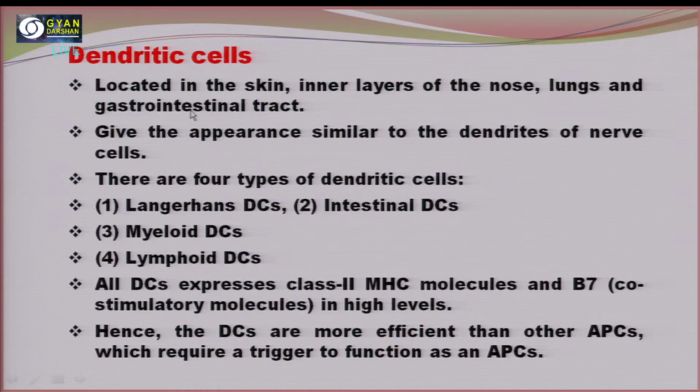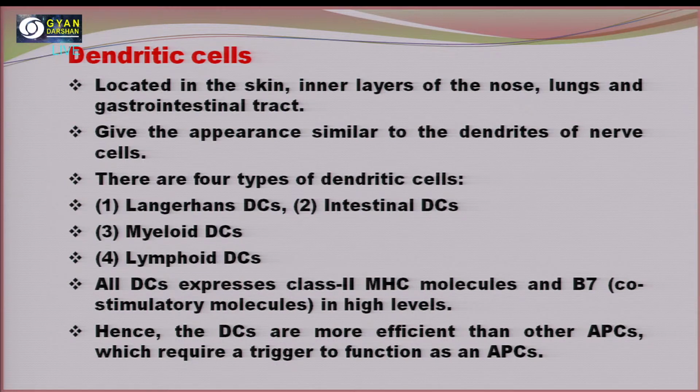Another is the dendritic cell, located in the inner layer of the skin, the nose, the lung, and the gastrointestinal tract. There are four types of dendritic cells. First is the Langerhans dendritic cell. Second is the intestinal dendritic cell. Third is the myeloid dendritic cell, and fourth the lymphoid dendritic cell. All dendritic cells express class II MHC molecules and the B7 co-stimulatory molecule at a high level.